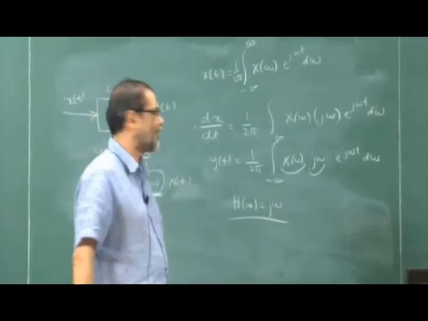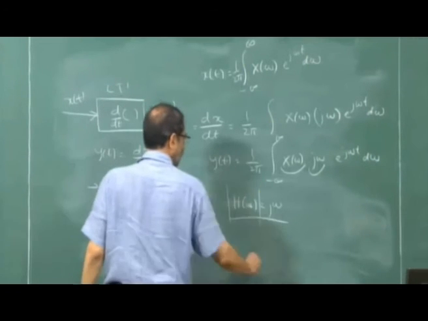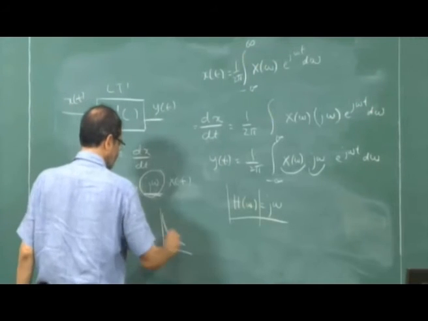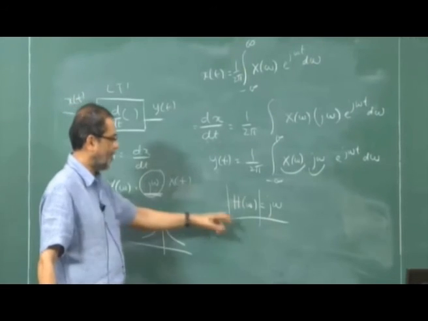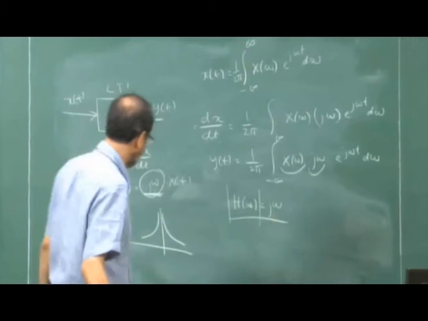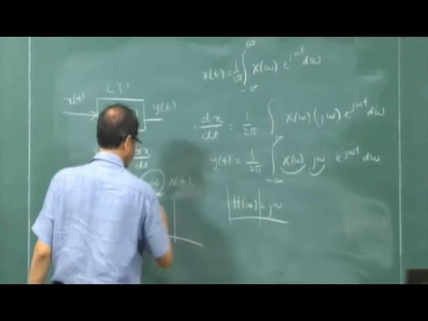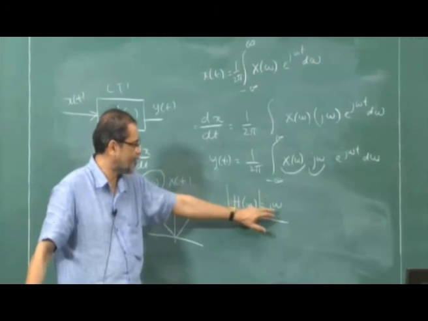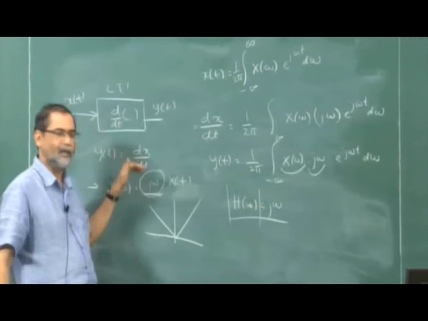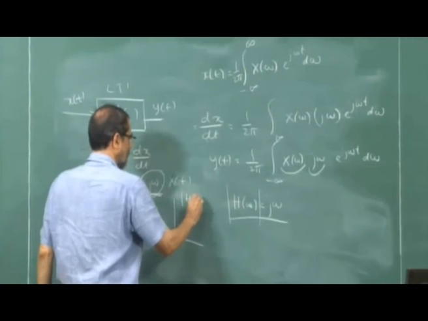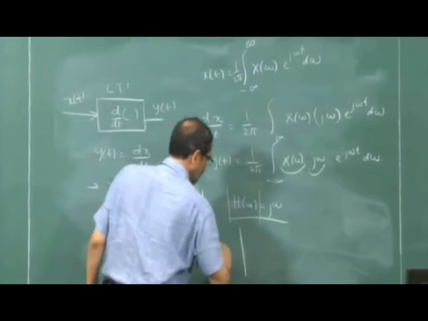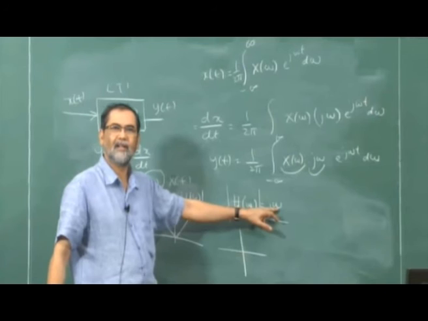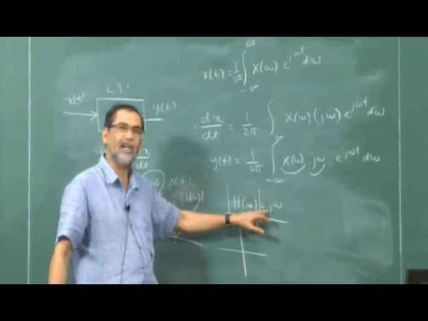If you say h of omega is j omega, look at its magnitude and phase. Sorry, wrong, I sketched 1 by omega. Its magnitude is something like this. H of omega, remove j, it's omega, positive omega this way. This is the magnitude plot. How about the phase? When omega is positive, it is j.